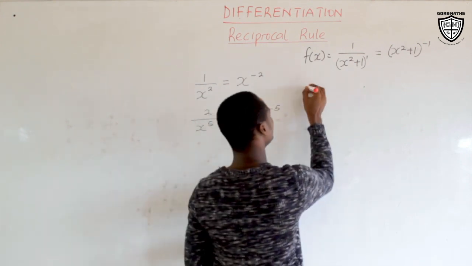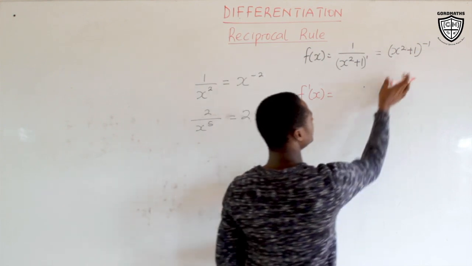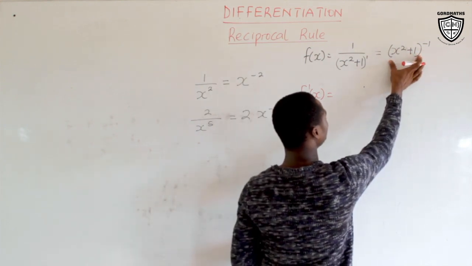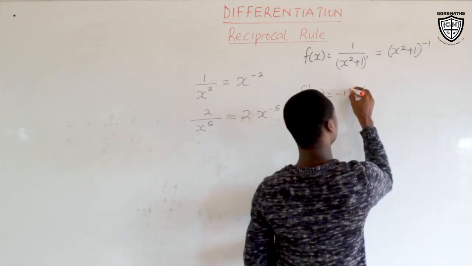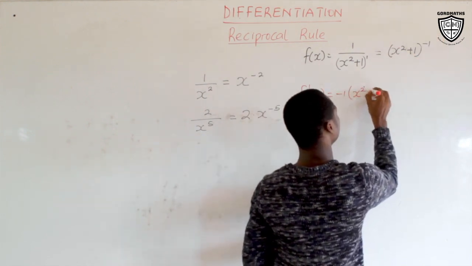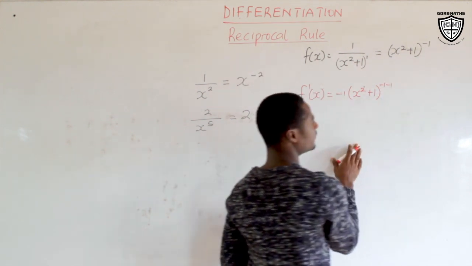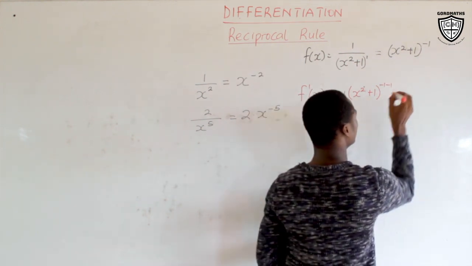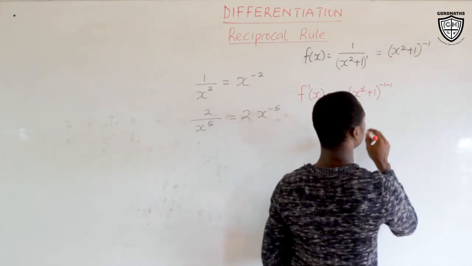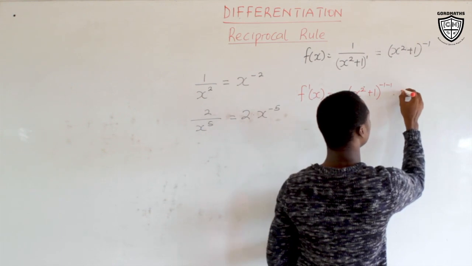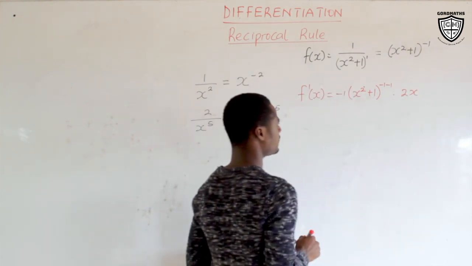And so we will have f prime of x to be equal to, since we are using the reciprocal function, negative 1, the power here, multiplying x squared plus 1, and then we subtract 1 from this negative 1, times, inside the bracket, we find the derivative of each term. The derivative of x squared is 2x, and the derivative of 1 is 0.